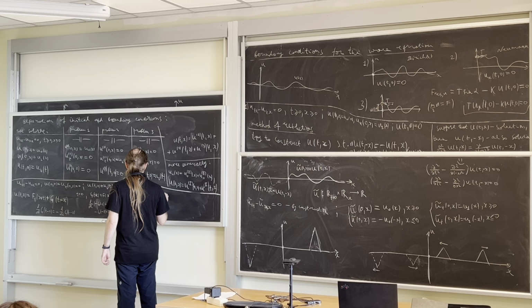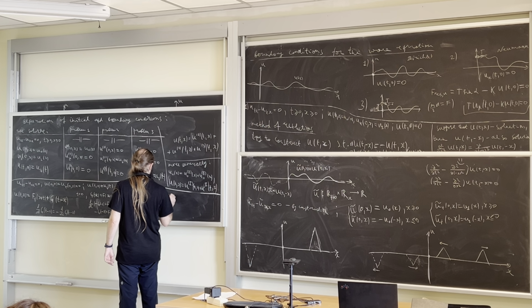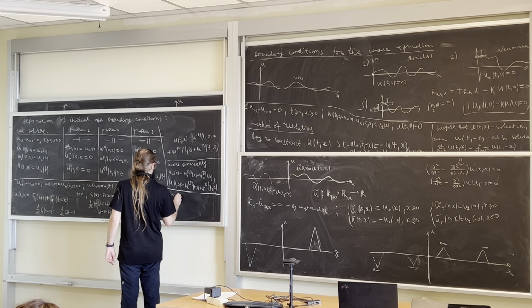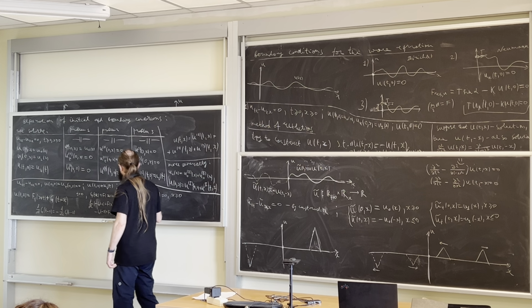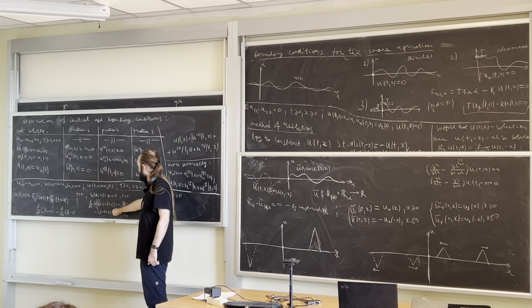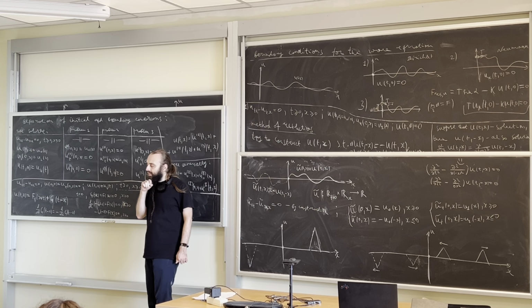We see that f of x equals 0 for x greater or equal than 0, right? And g of x is, so what can we say about g of x?